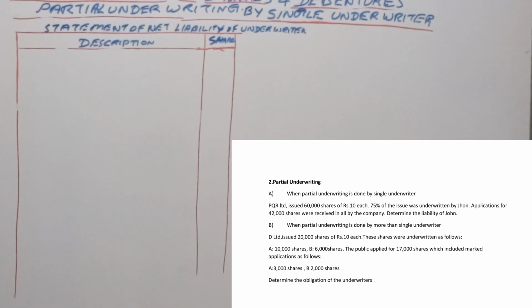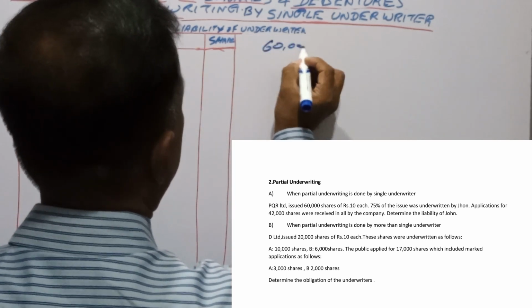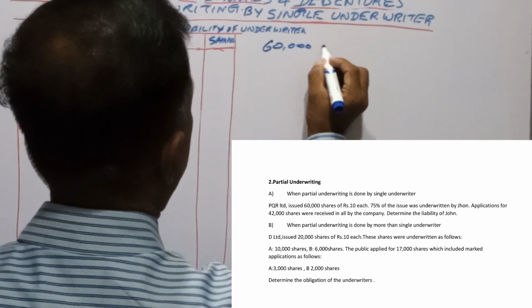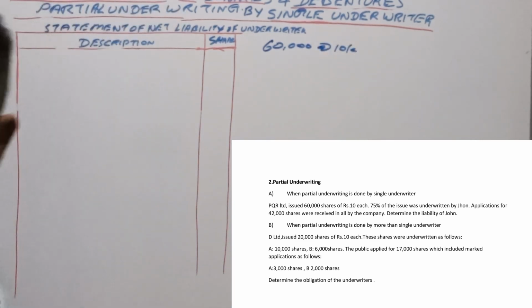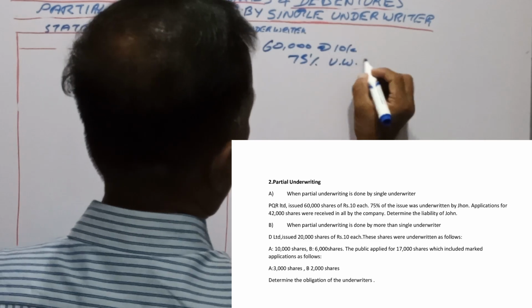PQR Limited issued 60,000 shares at the rate of 10 rupees each. 75% of the issue was underwritten by John.